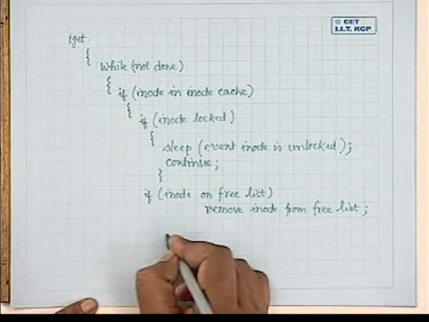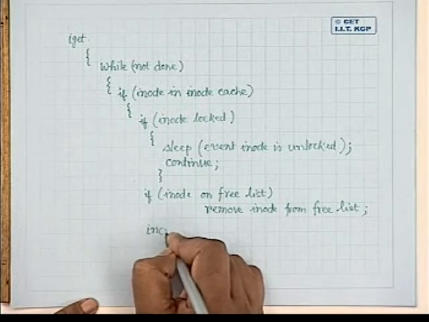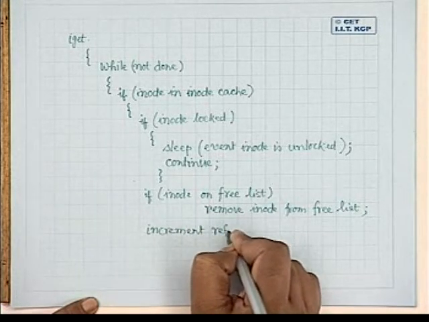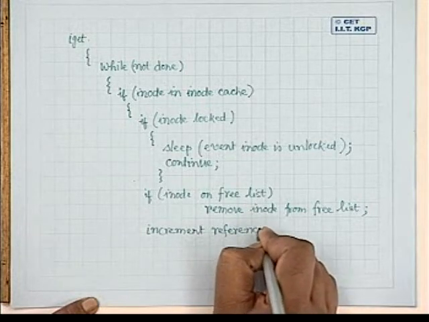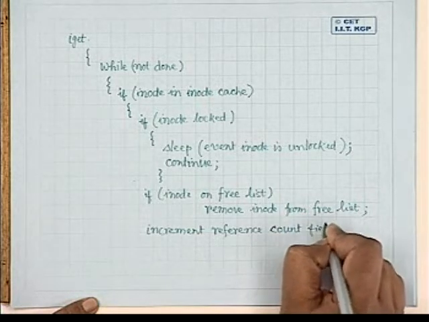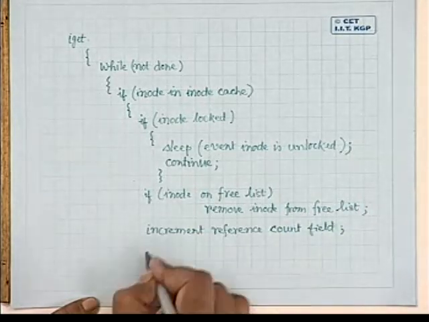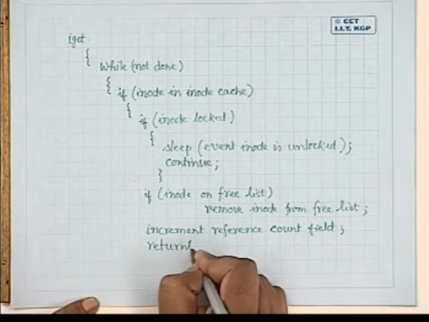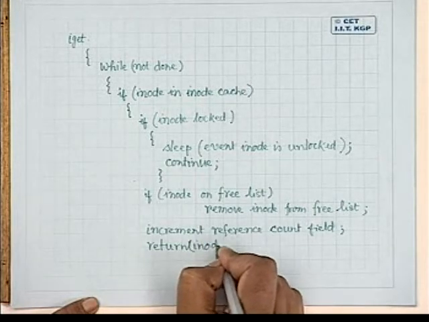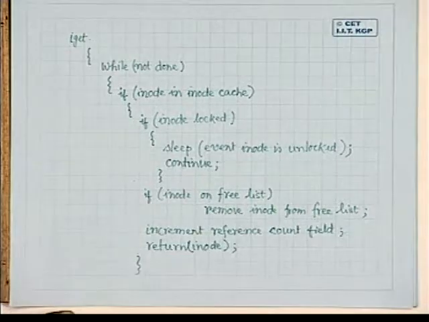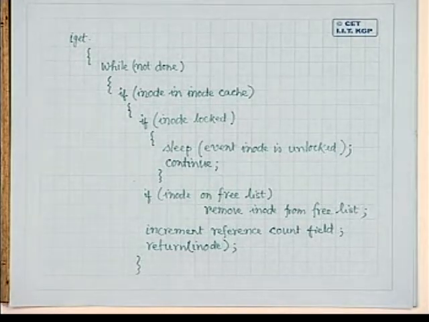So what I have to do is increment the reference count field. And after that we have to return the inode to the process who has requested for it. These are the operations to be done in case the inode is found in the inode cache.